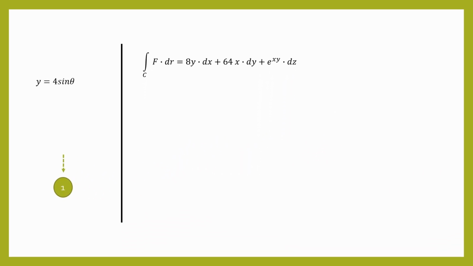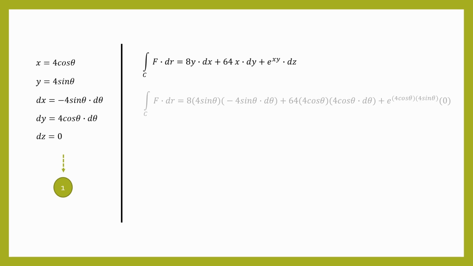So now we use x equal to 4 cos theta and y equal to 4 sin theta. Then we differentiate x and y with respect to theta. Then we substitute x, y, dx, dy, and dz into equation 1.